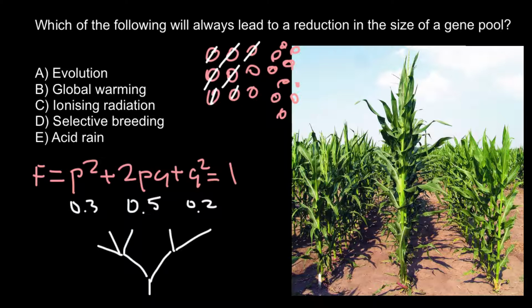So plant breeders use many different techniques, sometimes even increasing heterozygosity, like in this example. But in most cases, selective breeding leads to inbreeding and reduction of the gene pool. So my choice would be answer D.